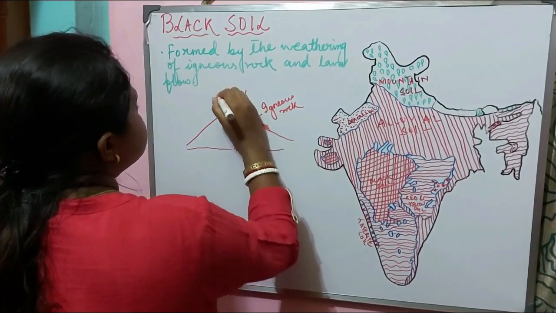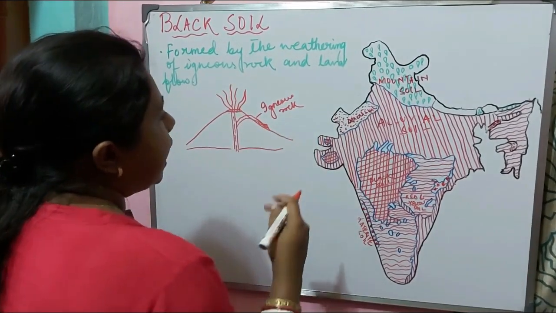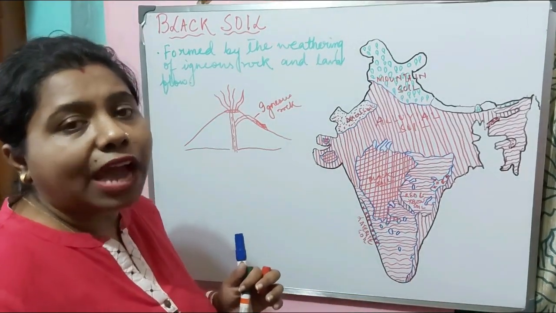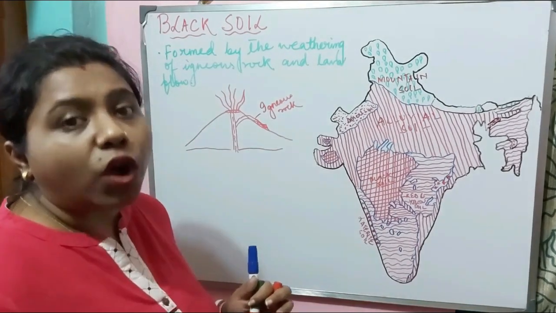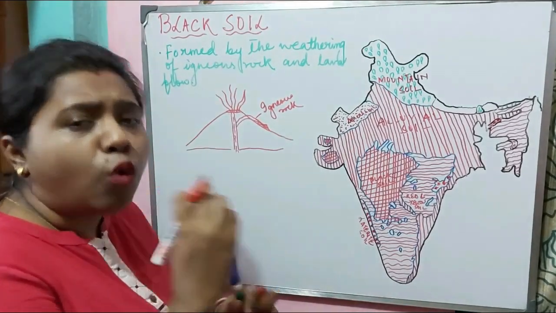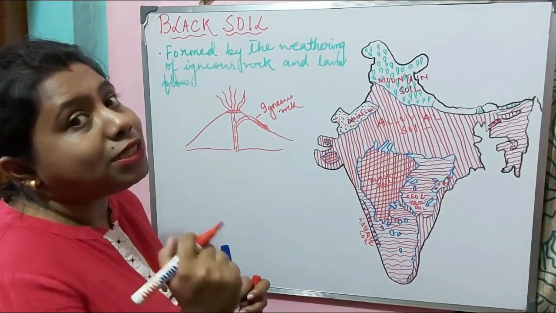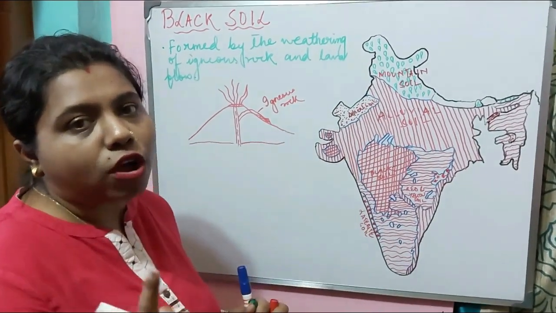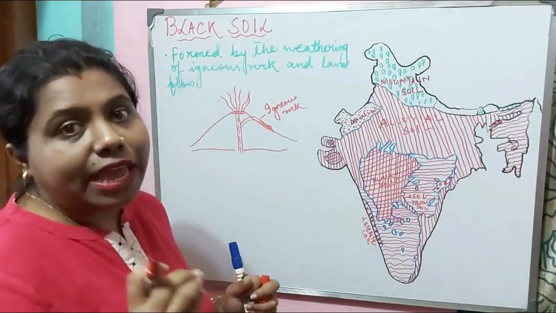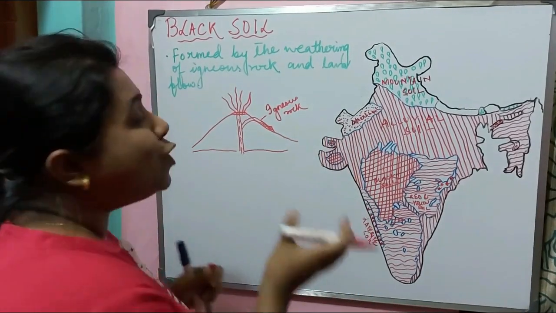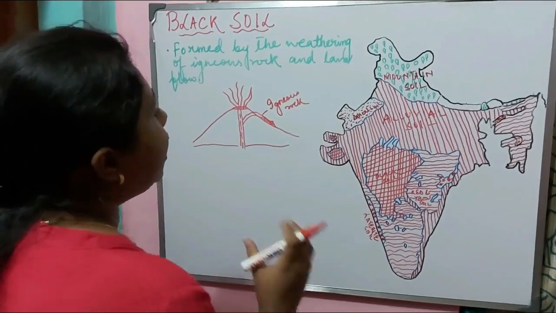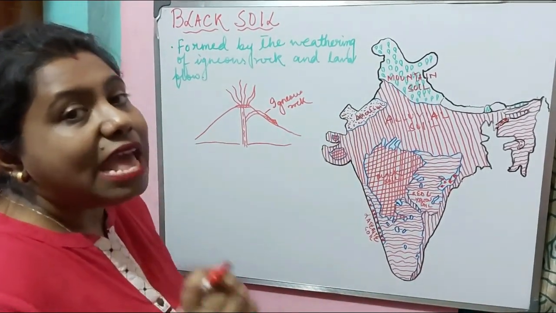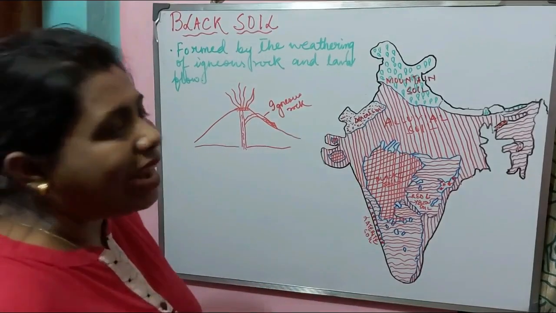Now, when these igneous rocks are formed, some rocks get broken down into smaller pieces. Why? Due to the action of wind or water, and they break down into more smaller pieces to form the black soil. As you remember, I explained to you how parent rock is an important factor in formation of soil. So here, as we can see, the color of the soil is black. Why? Because of its parent rock.